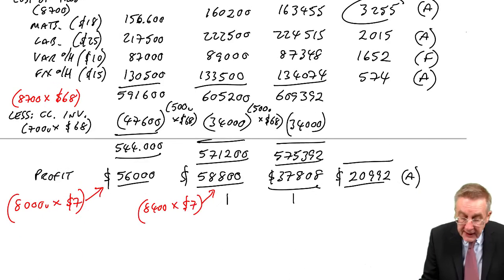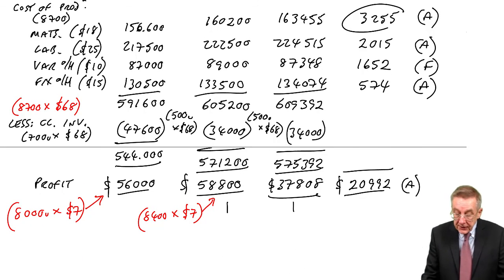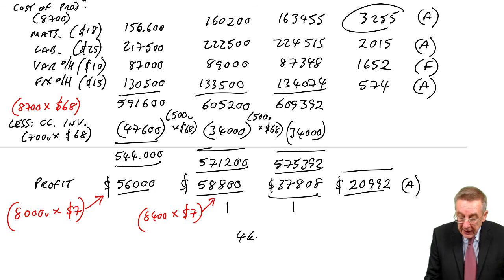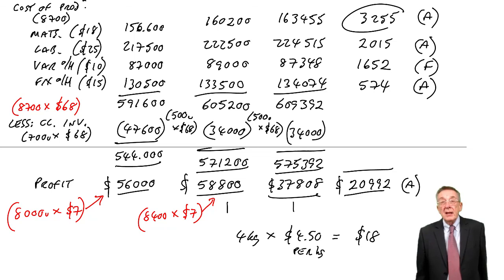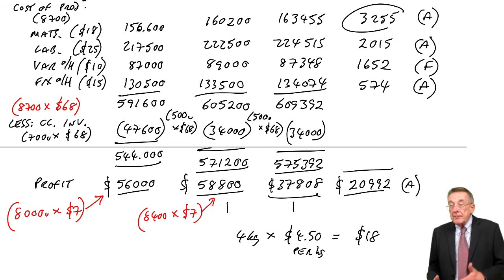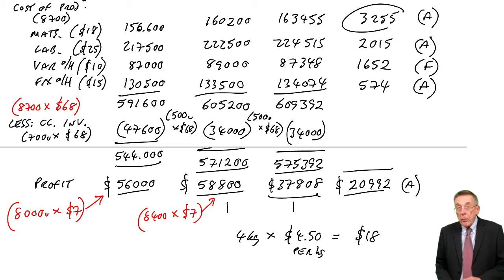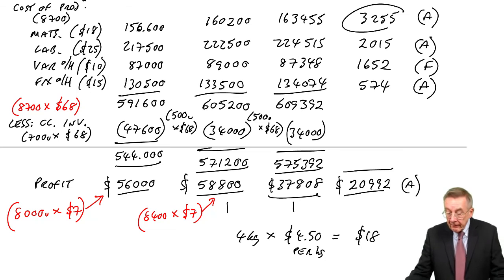The reason it was $18 a unit is that the cost card says it's 4 kilos, and that we should be spending $4.50 per kilo. And that's why it's 18. I say again, we obviously spent more than 18. But we need to know why.